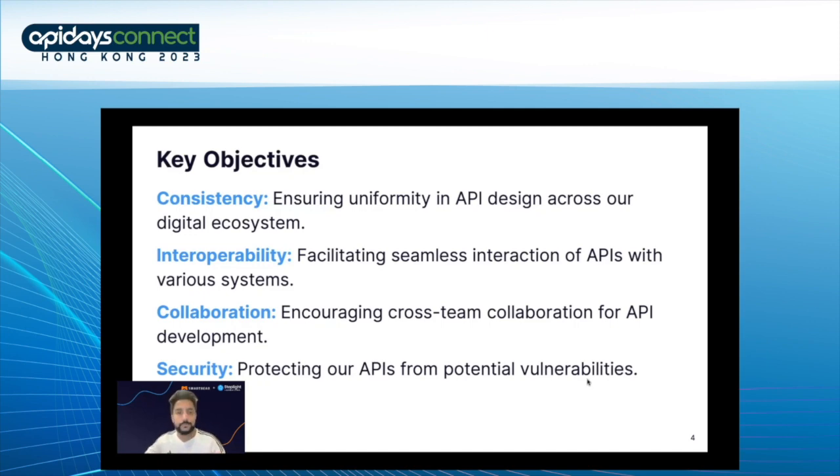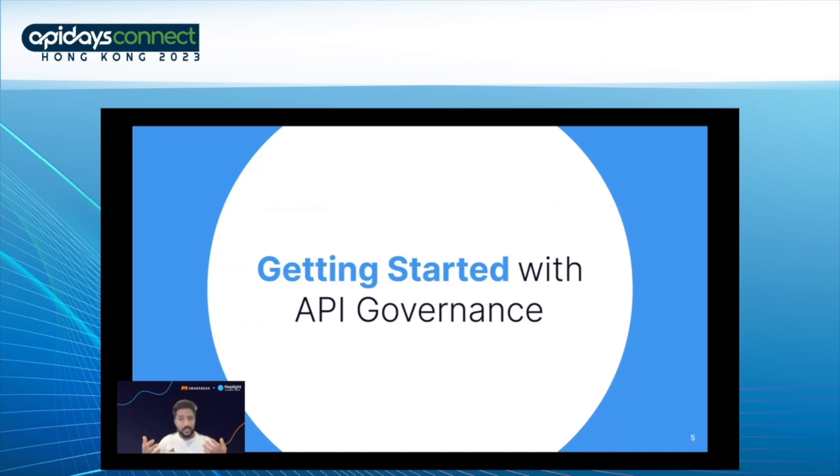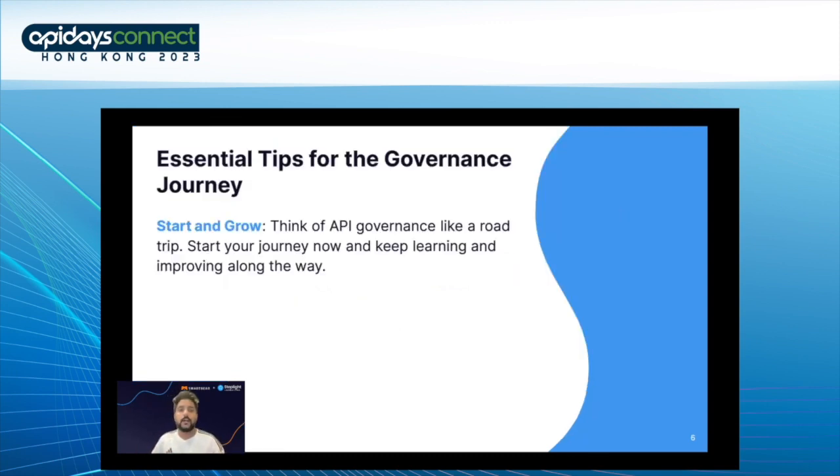All right, so how do you get started with that? Let's say you're starting your API platform, it's just early stages, or let's say you have a lot of APIs. How do you get started by governing the APIs that you already have and that you might build in the future?